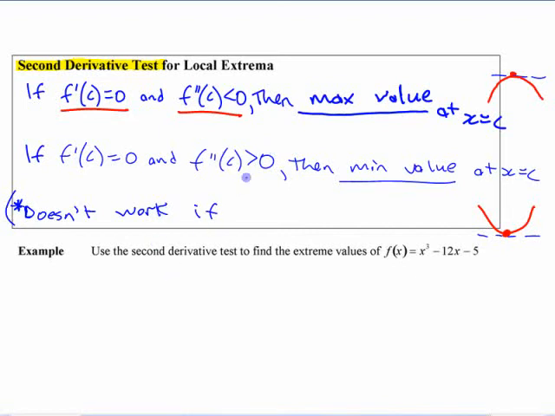If there's no second derivative, or if the second derivative is also 0, you don't know, right? Because you can have a case like that where it's a maximum. Like you can have a case where they're both 0 and it's one or the other. So you can't use it if the second derivative is also 0.